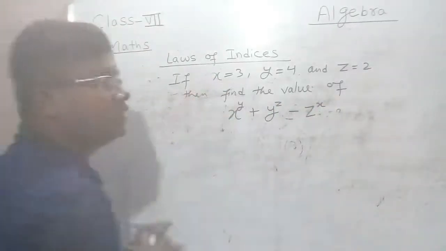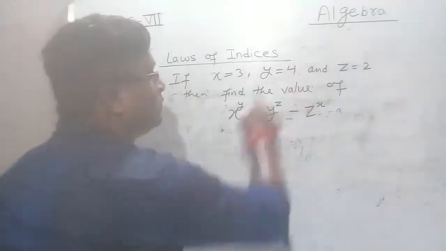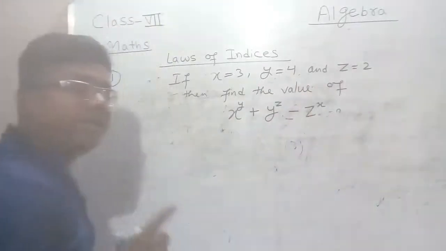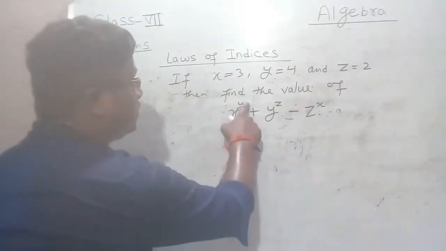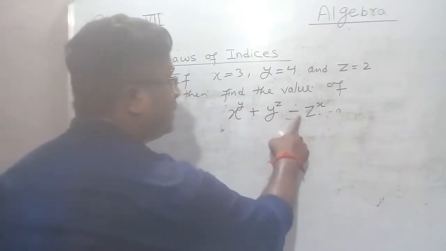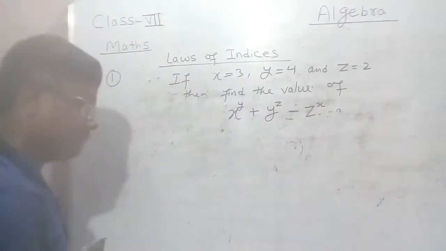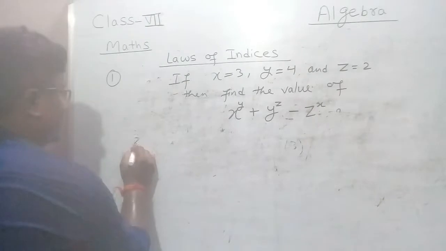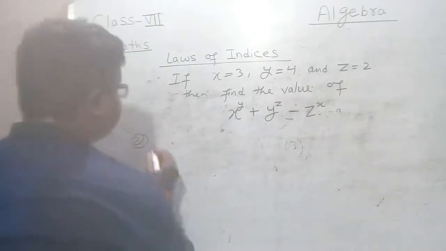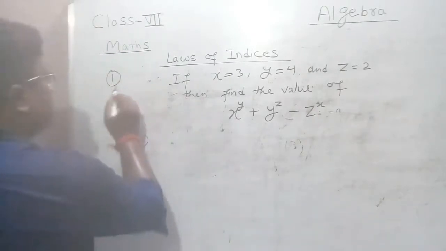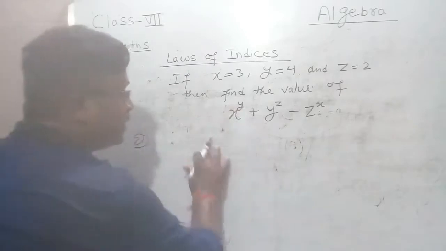Okay, if x is equal to 3, y is equal to 4 and z is equal to 2, then you need to find the value of x to the power y plus y to the power z minus z to the power x. Okay, second question is, simplify. These are all simplification questions I am giving you.